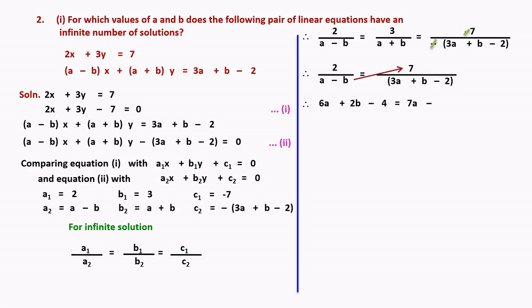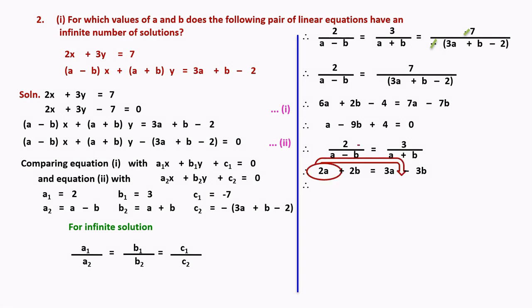Now solve step by step. First, compare 2 by (a minus b) equals 3 by (a plus b). Cross multiplying, 2 into (a plus b) equals 3 into (a minus b).